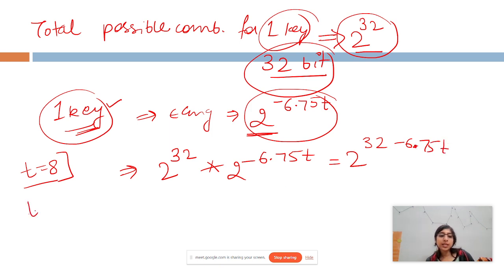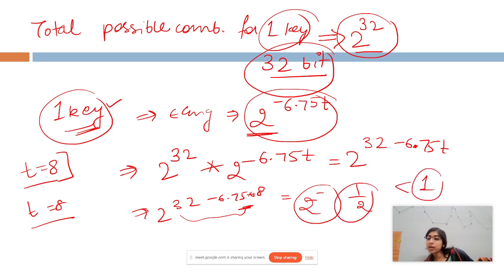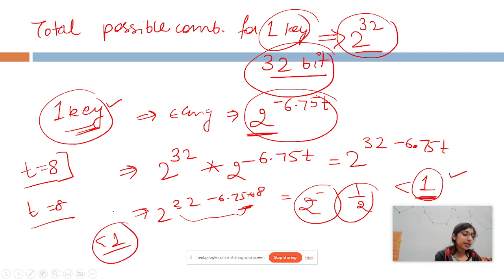Now if you put t as 8 here, then 32 minus 6.75 into 8. This value will be nearly 32, 8 6s are 48, and definitely it will be more than 48. So this value will come out as 2 to the power something negative. So it will be a fractional value, right? Less than 1. And in case this value is less than 1, you will be able to recover all the plain texts.